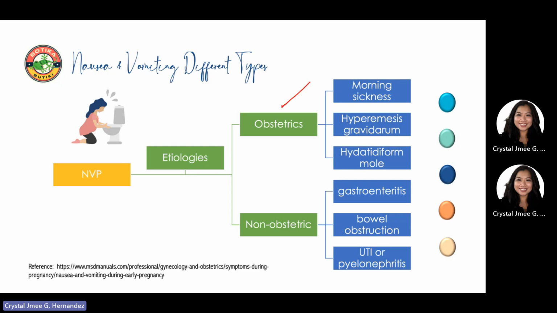In the second, the patient is still pregnant, but the causes of the nausea and vomiting can be outside the pregnancy. For example, gastroenteritis, as we have mentioned a while ago, is an inflammation of the intestine, especially if triggered by infection, any bowel obstructions specifically, and UTI or pyelonephritis.